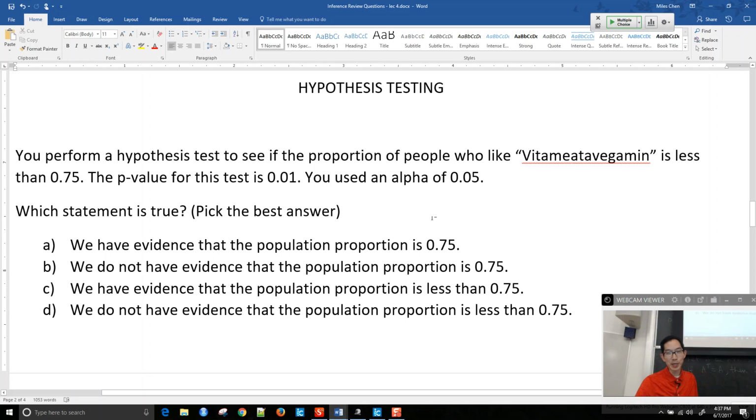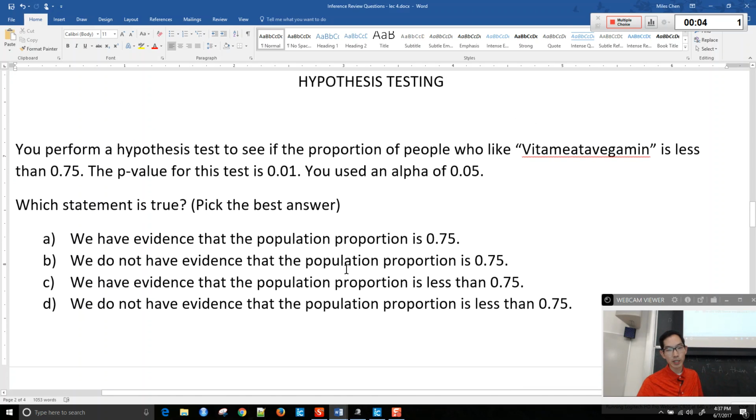All right. You perform a hypothesis test to see if the proportion of people who like Vitameatavegamin is less than 75%. The p-value for this test is 1%. You used an alpha of 5%. Which of these statements is the best answer here?